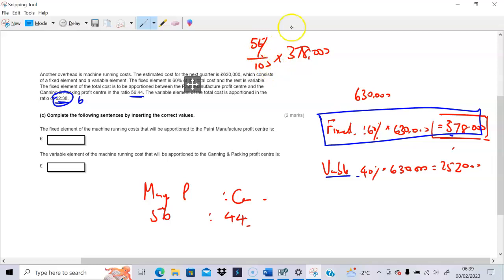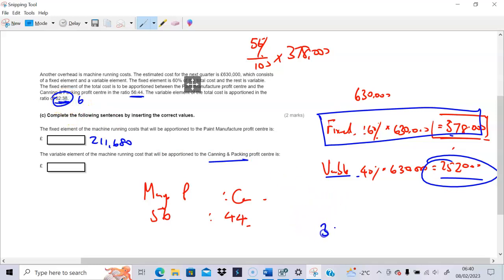So let's do this one. 56% times 378,000 gives us 211,680. And with the variable element, we're splitting this figure here, 252,000, in the ratio 62 to 38, but we're interested in the canning, which is the 38.